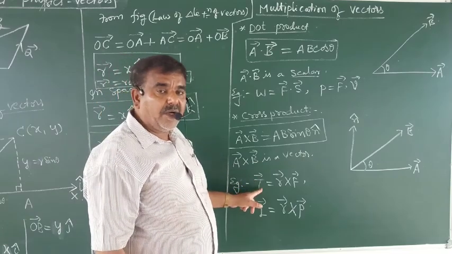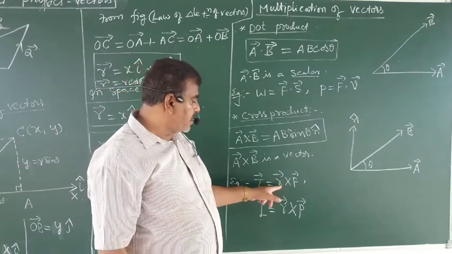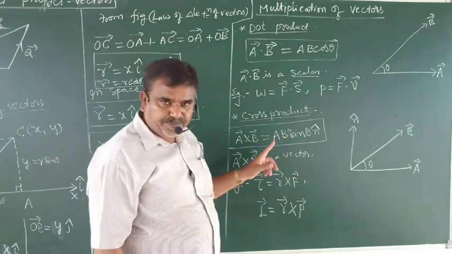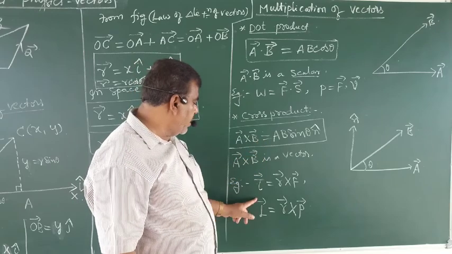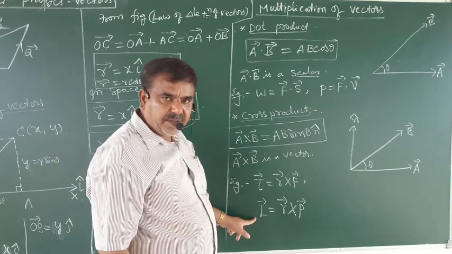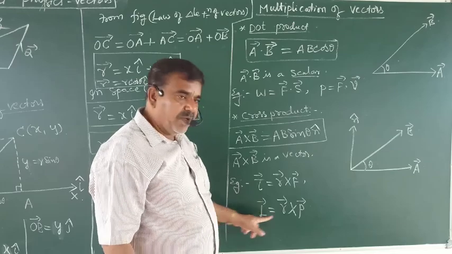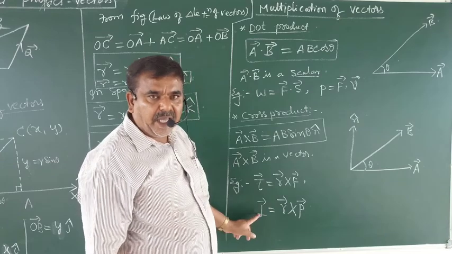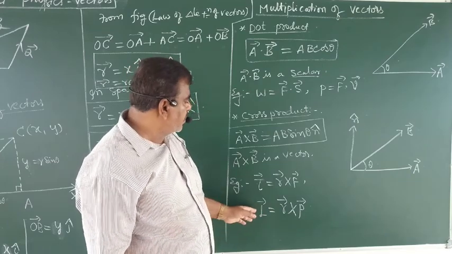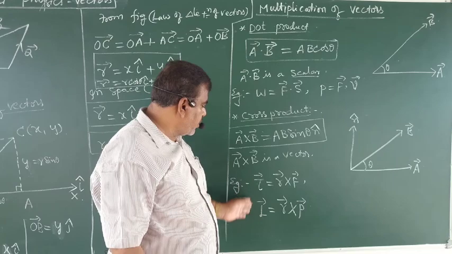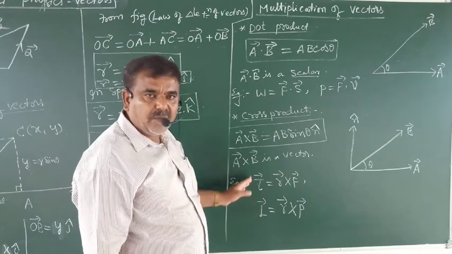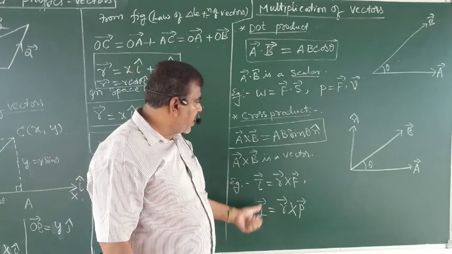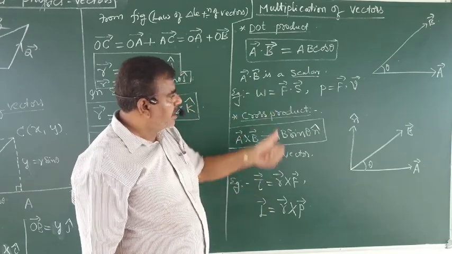Torque, the rotating effect of a force, is defined as the moment of force, that is R cross F. Similarly, we will use this vector concept to define angular momentum. The moment of linear momentum, R cross P, is defined as angular momentum. There is one big chapter to learn about torque and rotational motion. So these are all the places where we will apply the dot product and cross product.